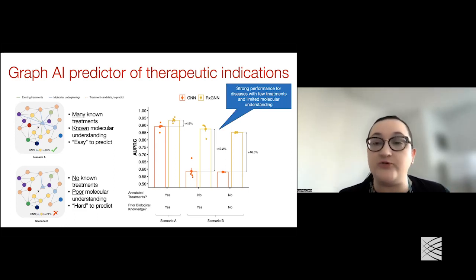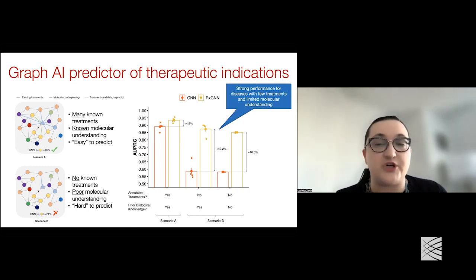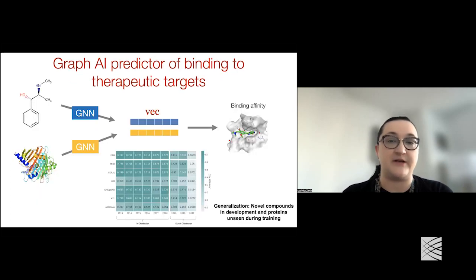And doing that with representations can provide substantial performance gain, especially for hard to model settings, such as diseases with few treatment options that have limited molecular understanding, because extraction of essential features by the representation learning algorithm is done automatically, and it's optimized to produce strong performance on downstream tasks.